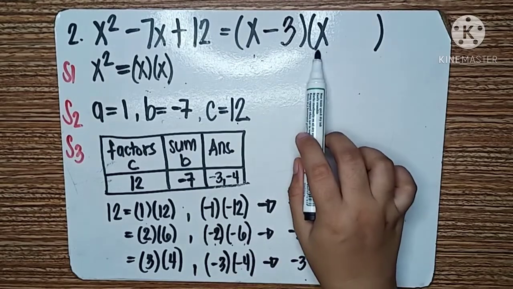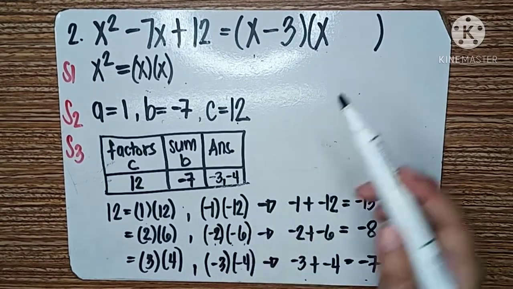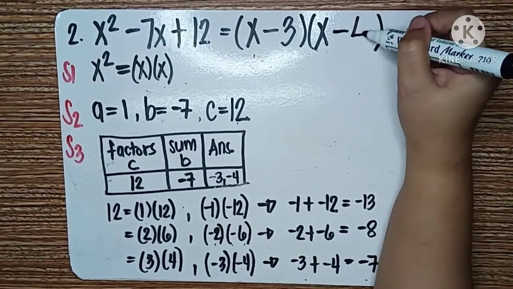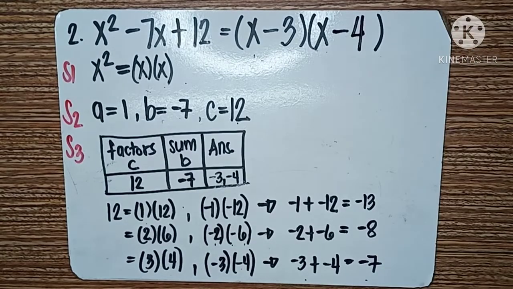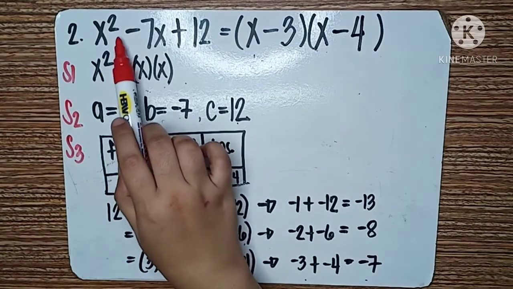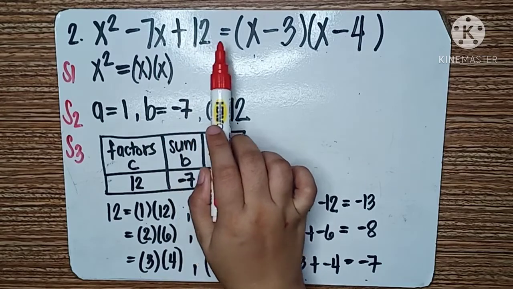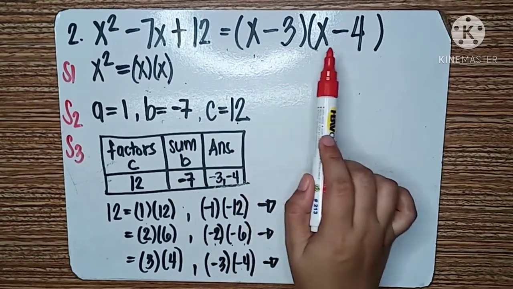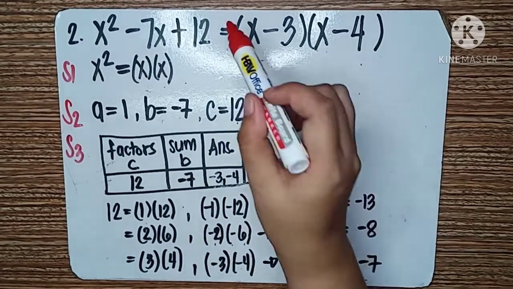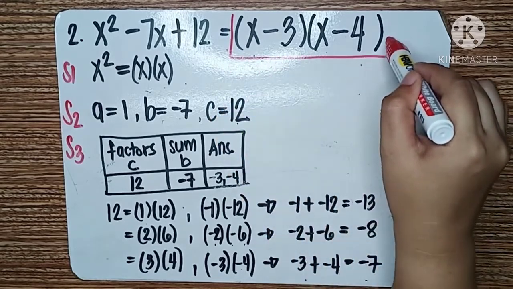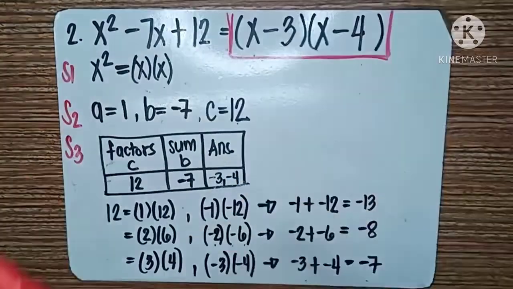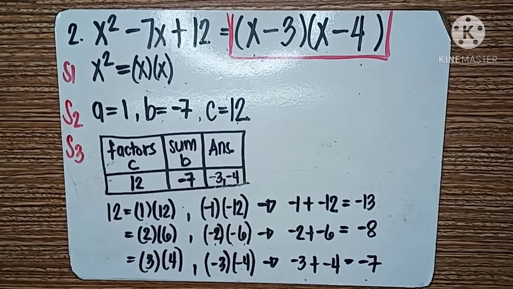And then, x negative 4. So, x minus 4. The factored form of x squared minus 7x plus 12 is the product of x minus 3 and x minus 4. Box na natin. Ayan, box na. And that is our final answer.